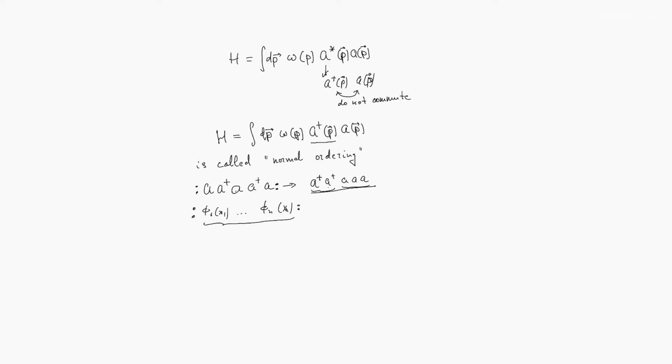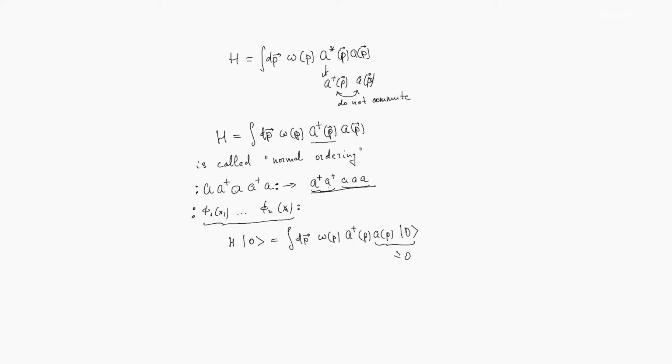In particular, vacuum carries zero energy, because if you apply H to the vacuum state, then that would be an integral dp omega of p a dagger of p a of p acting on a vacuum. But since vacuum is annihilated by operator a of p, then the result of application of H to the vacuum state will give you zero.